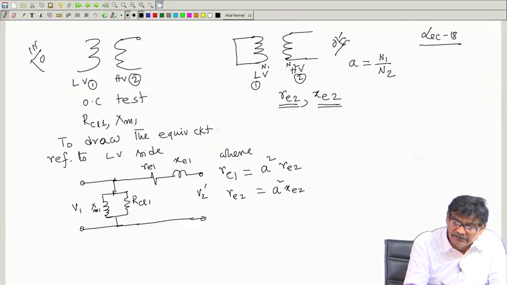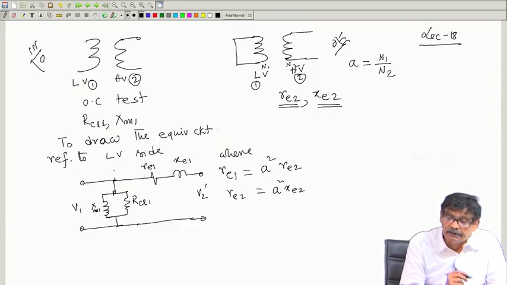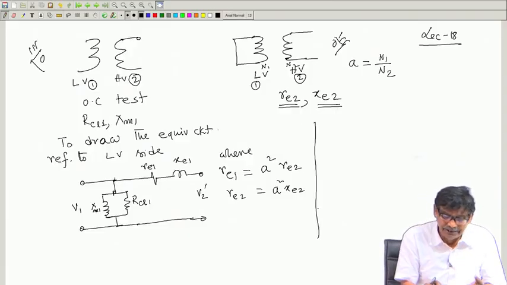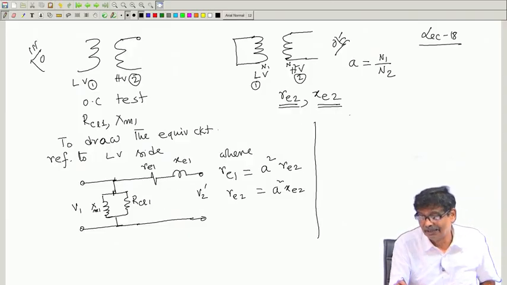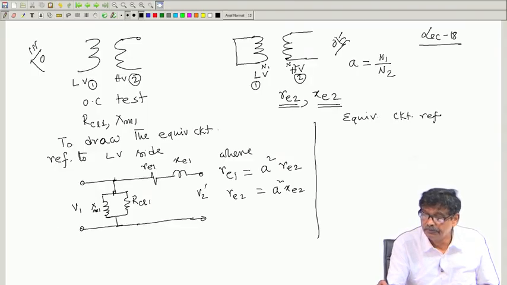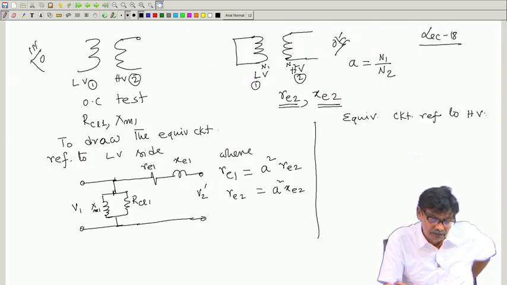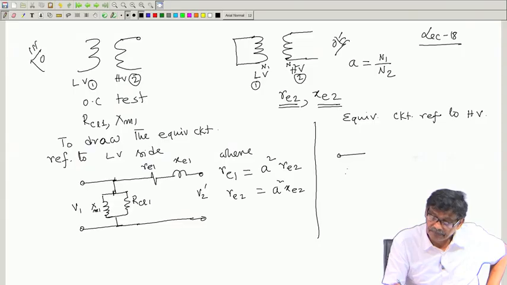Similarly, although the tests have been done from the LV side and HV side, to draw the equivalent circuit, once you know this, then you know the equivalent circuit referred to the HV side will simply be this one.